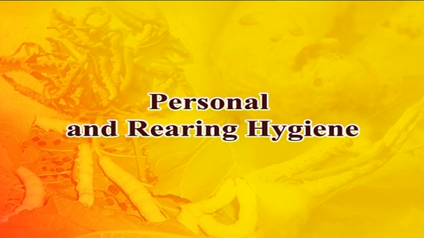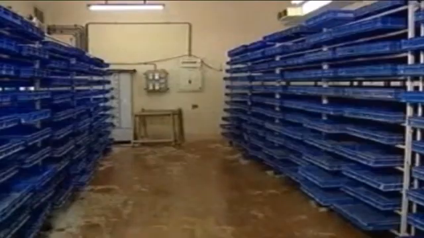Personal and rearing hygiene. In order to limit the damage due to the infection of fungal diseases, it is essential to control the entry of fungal pathogens into the silkworm rearing room. Therefore, personal hygiene is very important. Utmost care is required to avoid aspergillosis infection during young instar silkworm rearing.